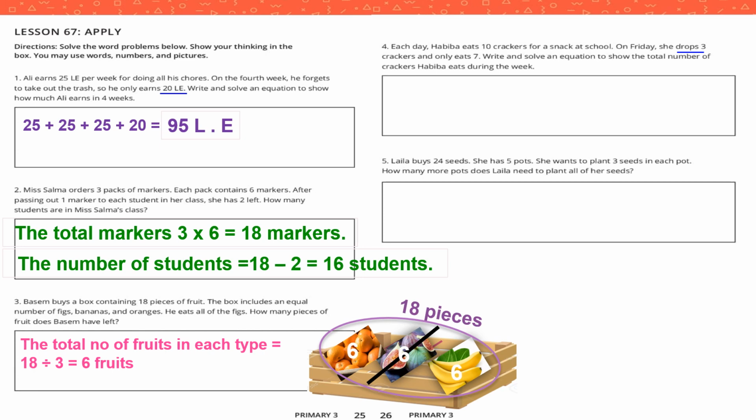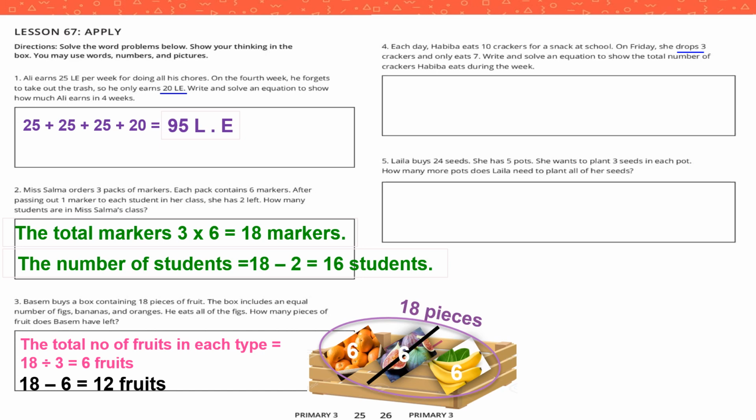So the fruits left with him are 6 plus 6, right? Because we don't have figs now. We have 6 for oranges and 6 for bananas. Or we can say 18, the total number, minus 6. And the remainder will be 12 fruits.